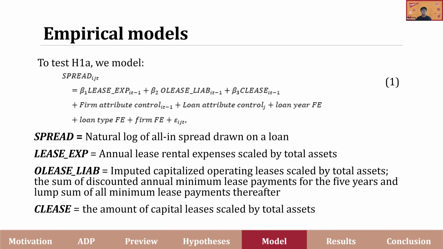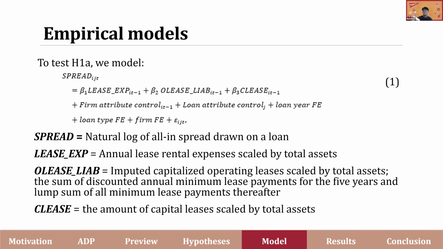And here's the model that we found, as Aeon and Klaus have alluded to earlier. We basically do a horse race test. We regress loan interest spread on two alternative measures of operating leases: lease expense and lease liabilities. And how do we calculate lease liabilities? We follow prior literature and calculate a discounted value of future lease payments as disclosed in financial statement footnotes.